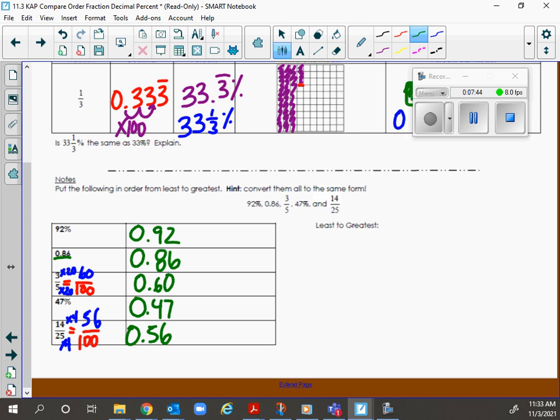So my problem now that I've done all that work says, let's order these from least to greatest. Very important that we know what the question's asking us to do. Least to greatest. So the littlest one has to go first, then the next littlest, then the third littlest. In this case, it's right in the middle.